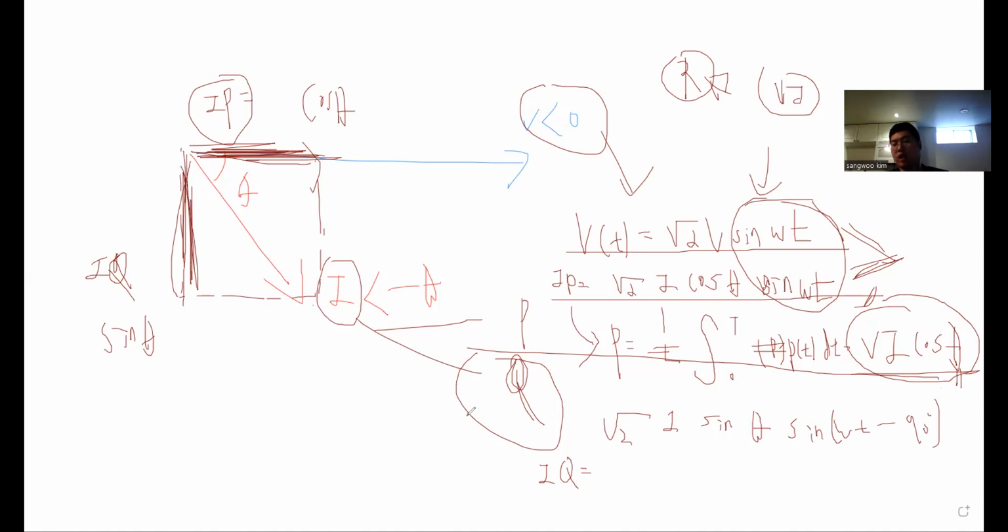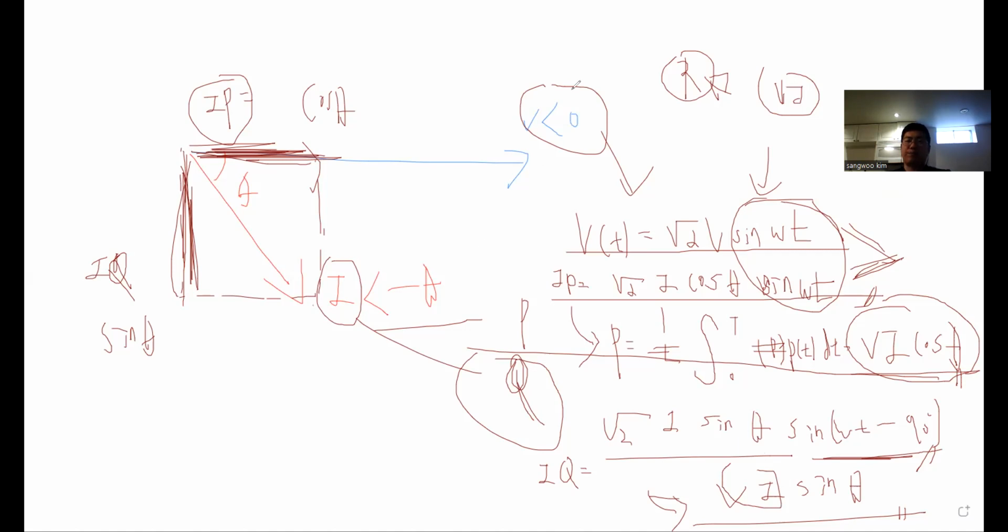So there's a major difference between them, like 90 degrees. If I do the same process, the result is VI sine theta, which is reactive power. You know what I mean? Reactive power, we say.